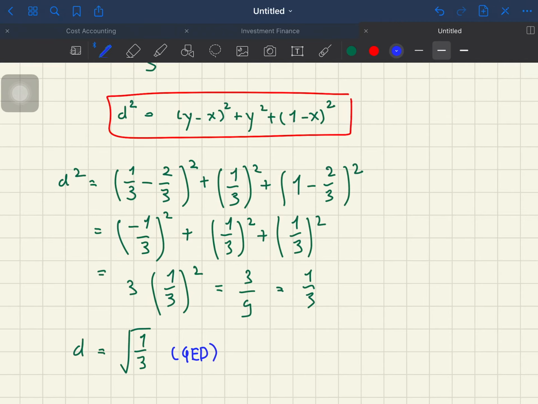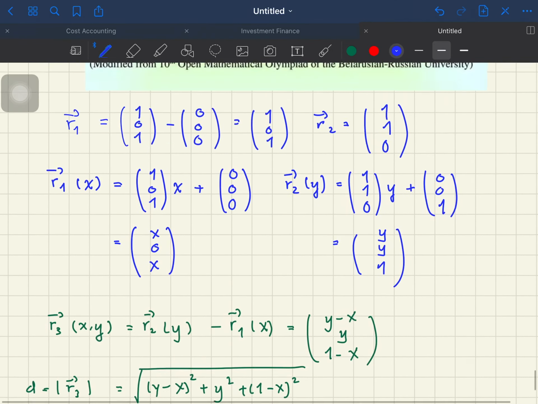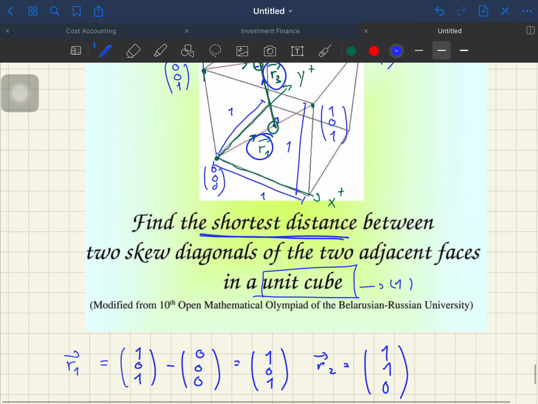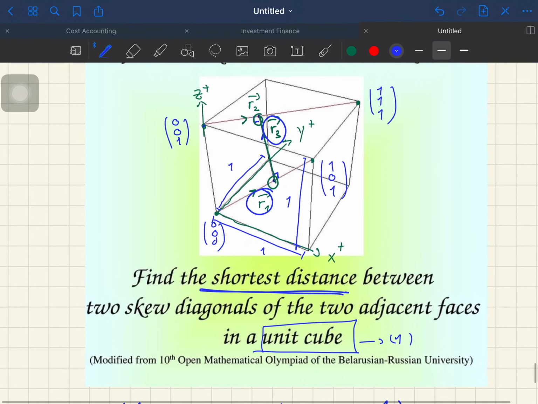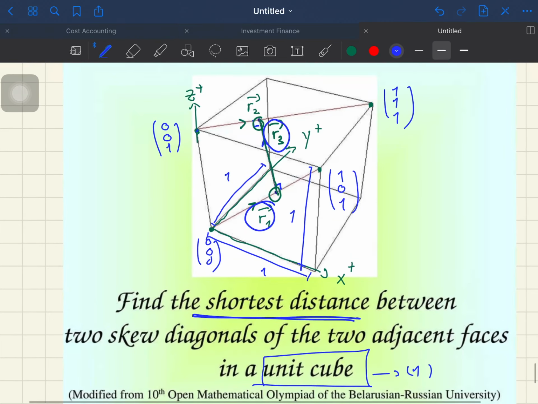Now I would like to recall our strategies that we have executed perfectly. The first thing is that we can use the vector method to find the relationship between the vectors R1 and R2.